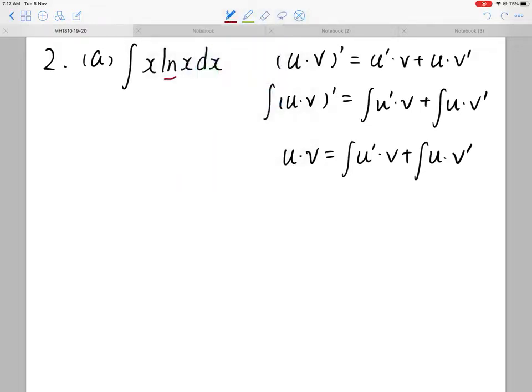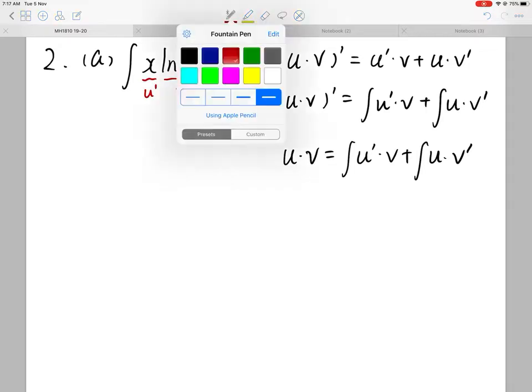For example, this is hard to integrate but easy to differentiate. So let's just call this v. This x is easy to integrate or differentiate. In this case, we call it u's derivative.